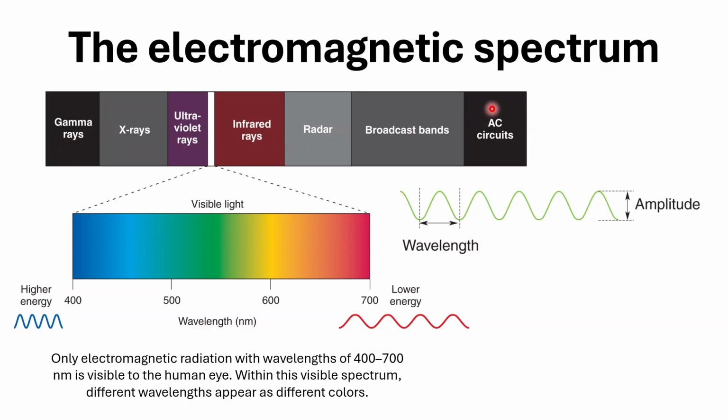The range of the electromagnetic spectrum can go all the way from gamma rays with very, very short wavelengths all the way out to broadcast bands, AC circuits, much longer wavelengths. The band that we see is called visible light, and it's actually a relatively narrow band of the available electromagnetic spectra. There are animals that can see into ultraviolet and infrared.